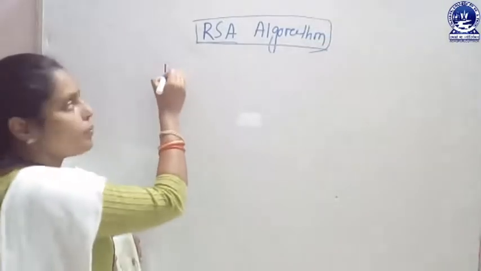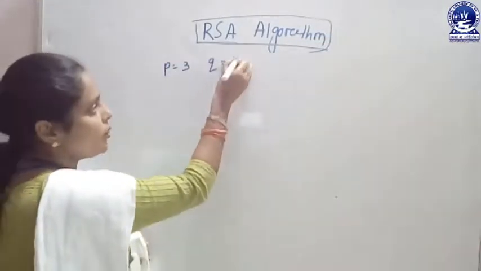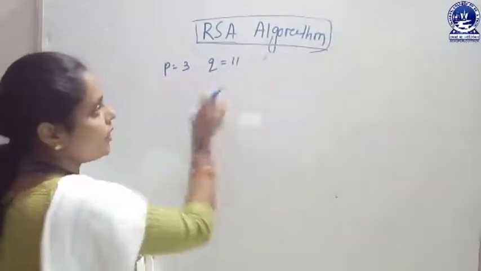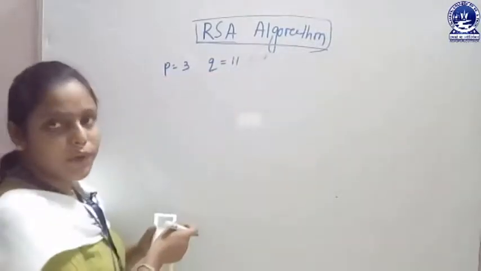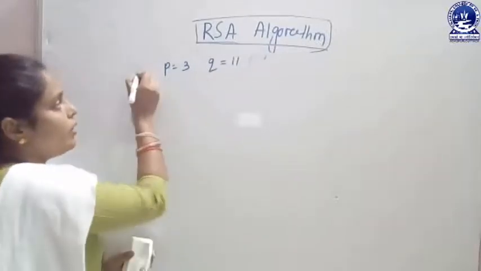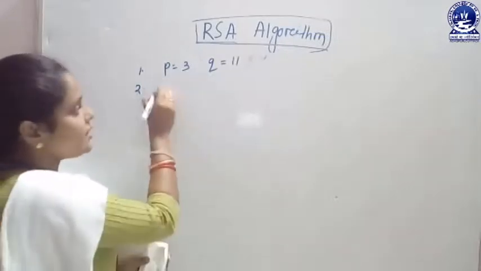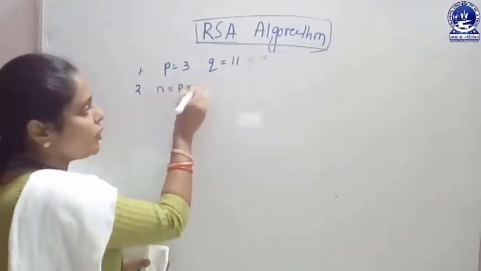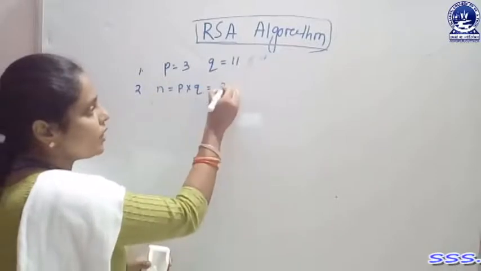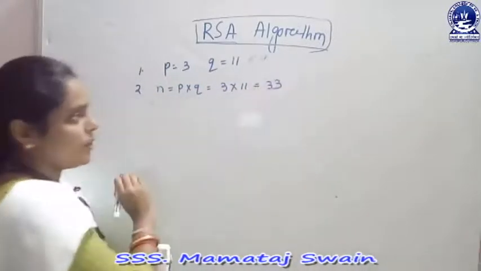Suppose our p equal to 3 and q equal to 11. Here p and q are two prime numbers. After taking p and q, in the second step we calculate n, that is n equal to p into q, which is equal to 3 into 11, that is equal to 33.